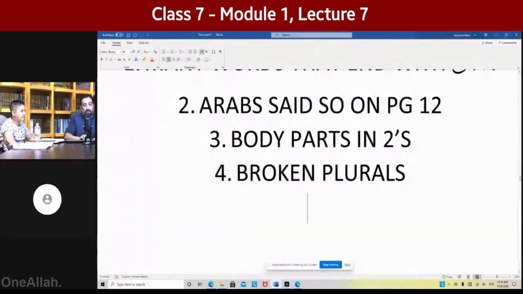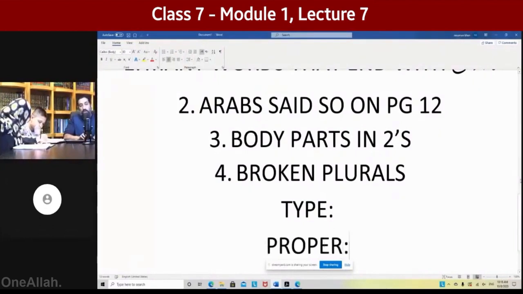And then there is type. And type was, we only study proper, and whatever isn't proper is common. There were 7 items here.